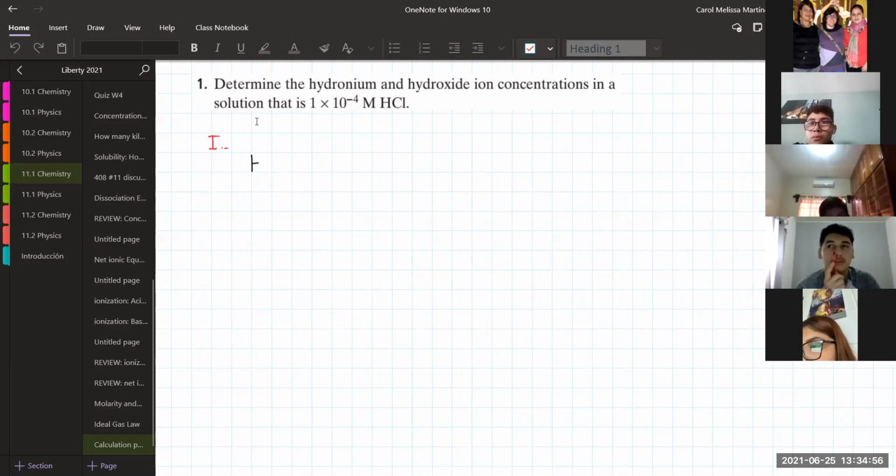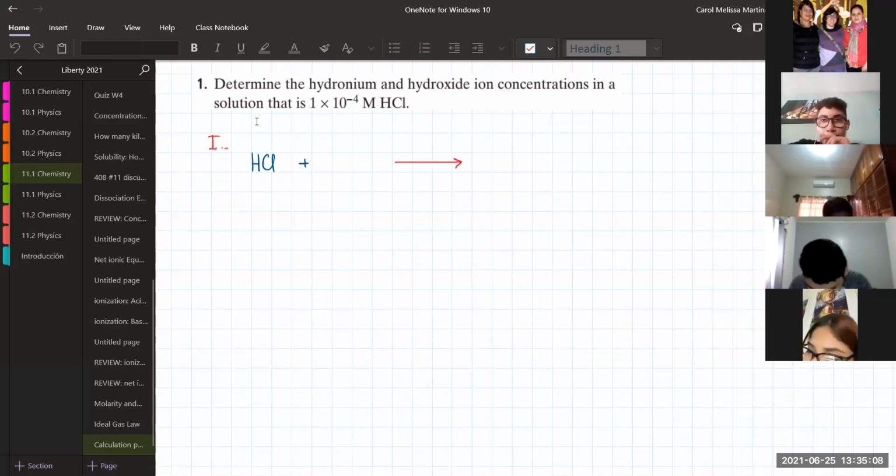So it's going to be HCl. I will combine it with what to do the ionization? Ionization involves water, so you are combining HCl and water.